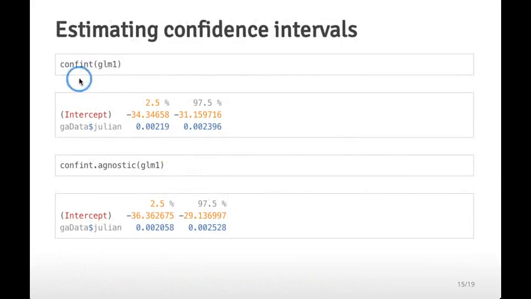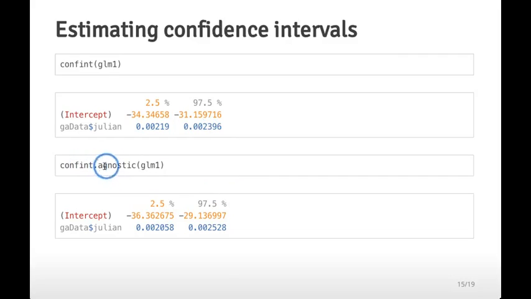You can run the confidence interval function on the GLM object, and you get these confidence intervals here for the intercept term and for the Julian date term. This is the log of the multiplicative effect. So e to this term gives you the multiplicative change in the number of hits to my site, given a 1 unit increase in the Julian day.